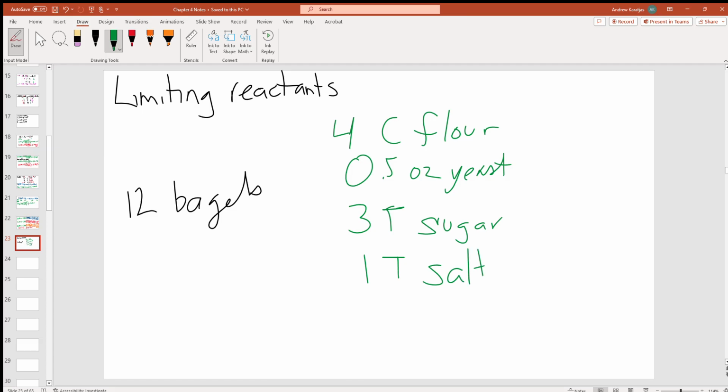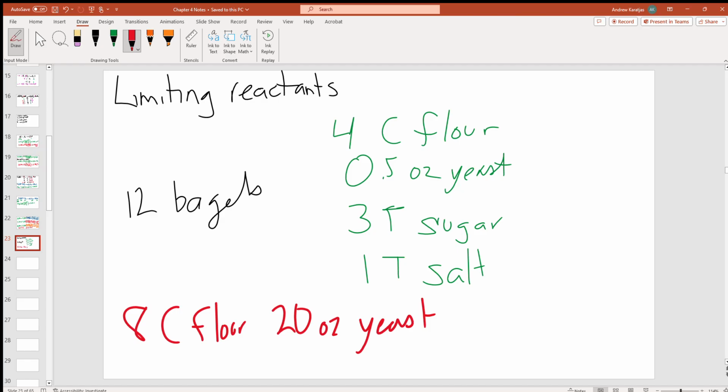So let's say we open up our cabinet and we find that we have 8 cups of flour, 20 ounces of yeast, 24 tablespoons of sugar, and 12 tablespoons of salt.